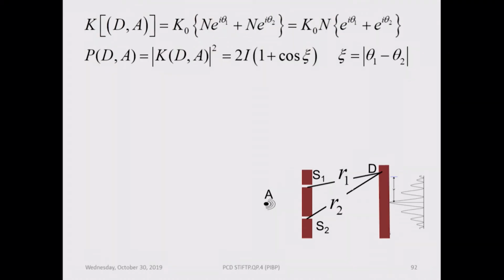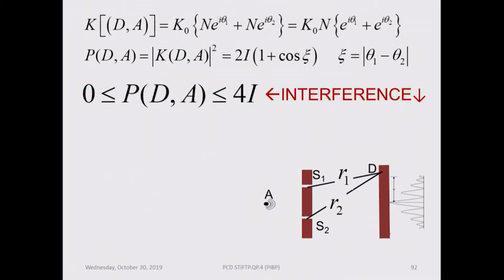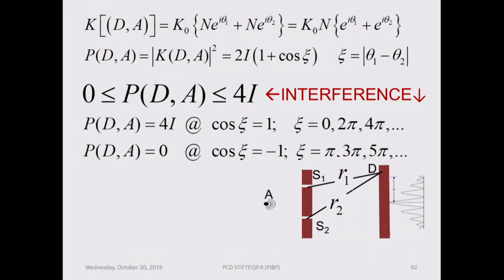Xi is just the difference between the two angles, so I write it as a modulus of theta 1 minus theta 2. You get the interference pattern because of this, okay. And when xi is equal to 0, 2 pi, 4 pi, etc., you will get constructive interference. When it is an odd multiple of pi, you will get destructive interference, right.